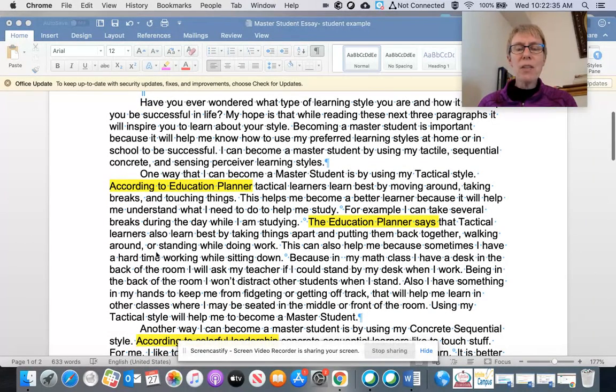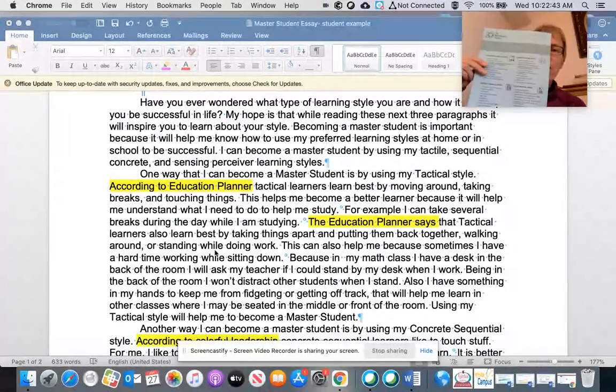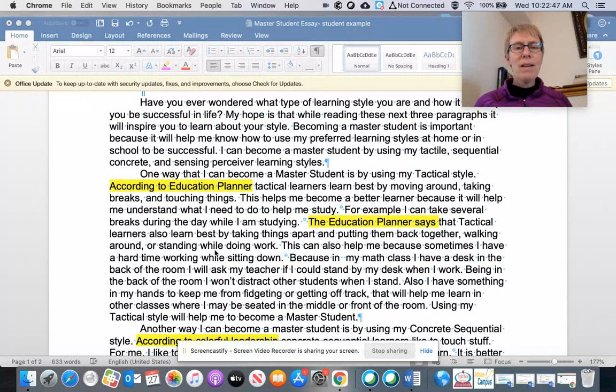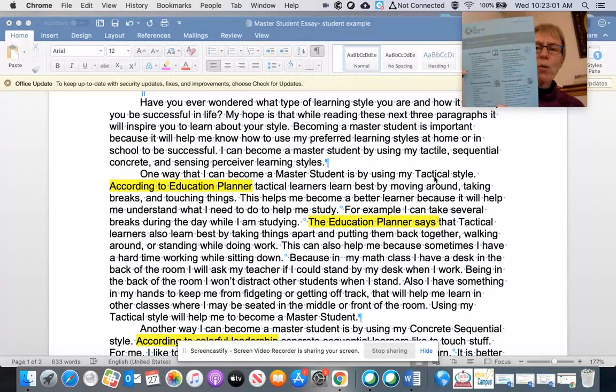Notice this next paragraph, the second paragraph in their paper, is going to be all about whatever you said you were from this blue sheet of paper. "One way that I can become a master student is by using my tactile style." So this whole paragraph is going to be about which one you were from your blue paper.